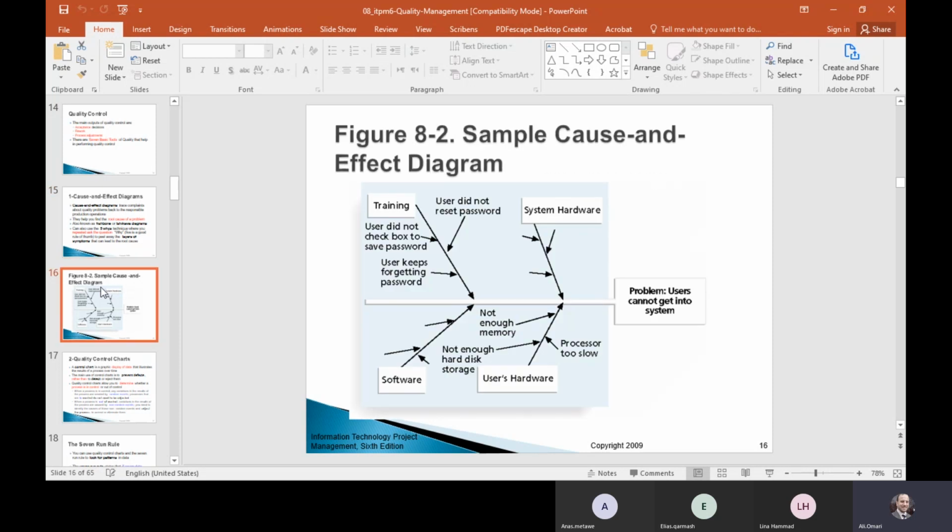It divides the areas into training, hardware, software, and user, and tries to dig into the issues based on the question why. You have to keep asking why until you reveal the root cause of the problem.